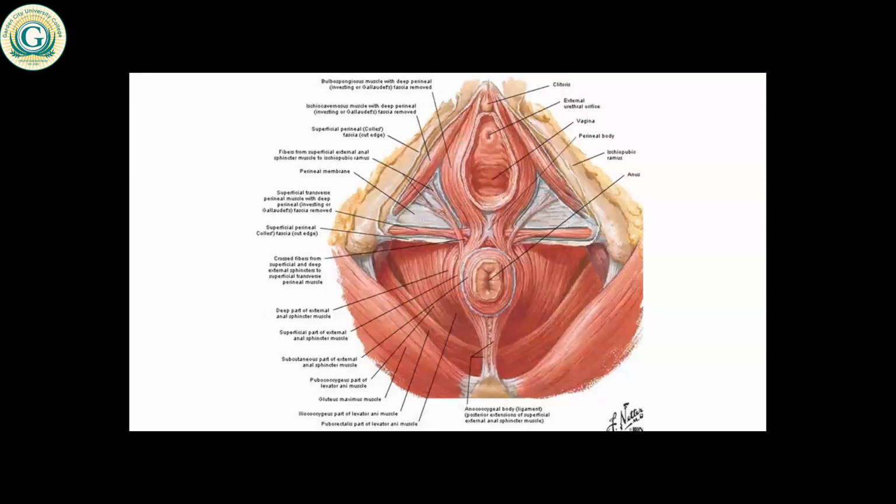How do we call the spaces between them? Because if infection spreads through these spaces, the person is in trouble, very much in trouble. So anytime you are doing episiotomy, please think that there are spaces, perineal spaces.